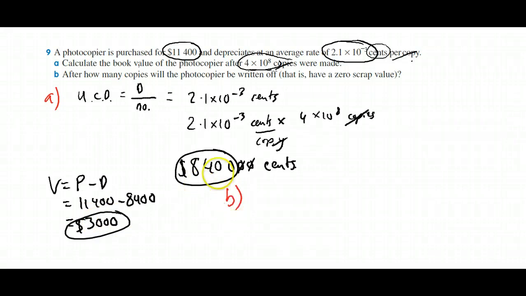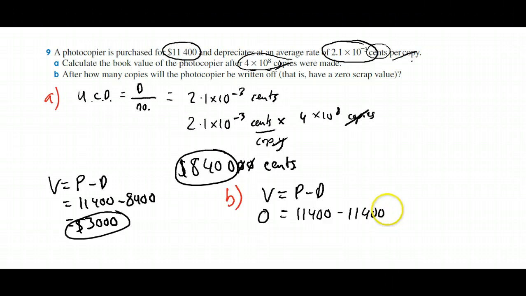Okay, and then in part B we had to work out after how many copies will the photocopier be written off, that is have zero scrap value. So in this equation V equals P minus D, the scrap value, or the current value, is 0. The purchase price is 11,400 still, and we want to know how much depreciation occurred. Well, obviously it must have been $11,400 worth of depreciation.